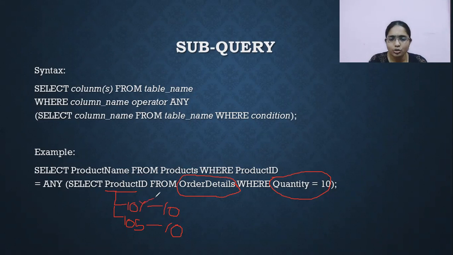These two product IDs are going to be displayed as your output. So what is the outer query? I guess you people are clear. From the inner query, whatever products have been sold with quantity 10, the particular product IDs are going to be fetched. And looking at the outer query, select product name from products where product ID assigned any of these product IDs.